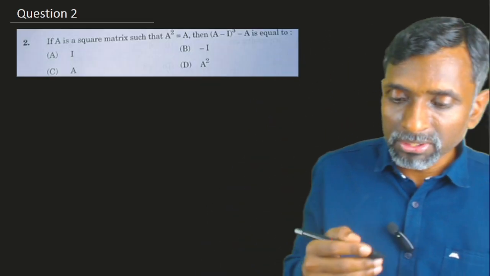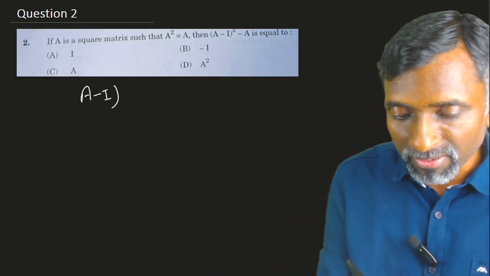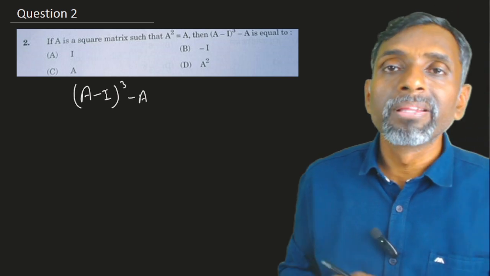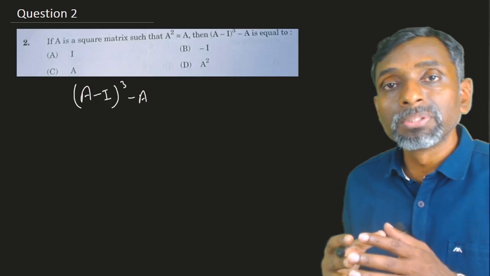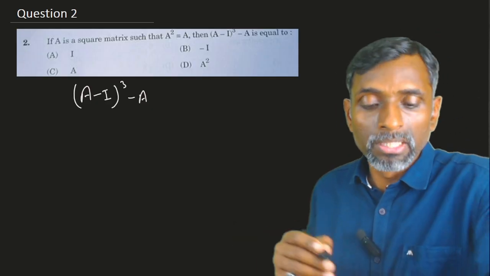In this question, again it is a question on matrices in which we have to use an identity. It is (A minus I) whole cube minus A. The most important thing in this question is the given equation A squared is equal to A, which we can use to solve it.